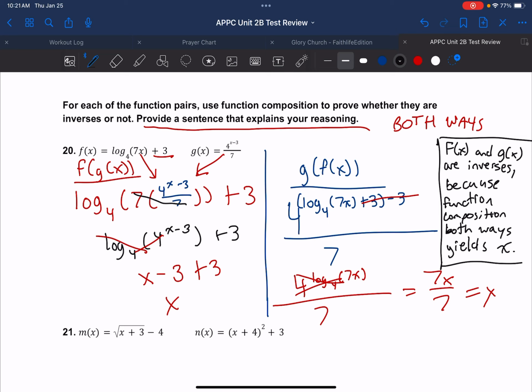And that's just a fancy math way to say if I plug them into each other both ways, f of g of x and g of f of x, they both yield x, which means that they completely cancel each other out. That's why that's the answer.